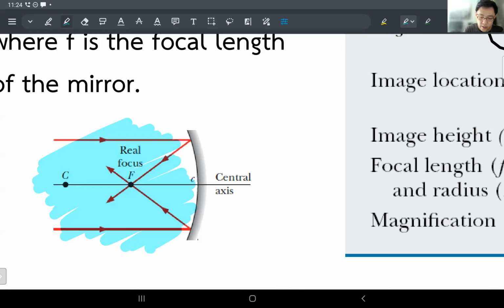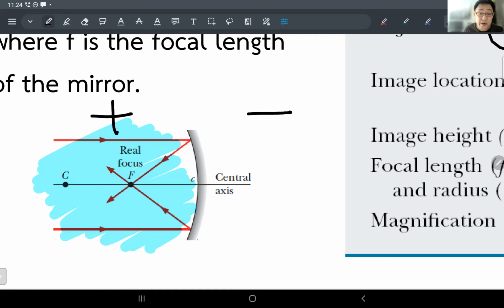So I'm going to conclude that for the image, whatever comes in the front must be positive, because light has to go back from the reflection. So light has to stay in front of the mirror. And whatever shows up behind the mirror will take the negative sign.